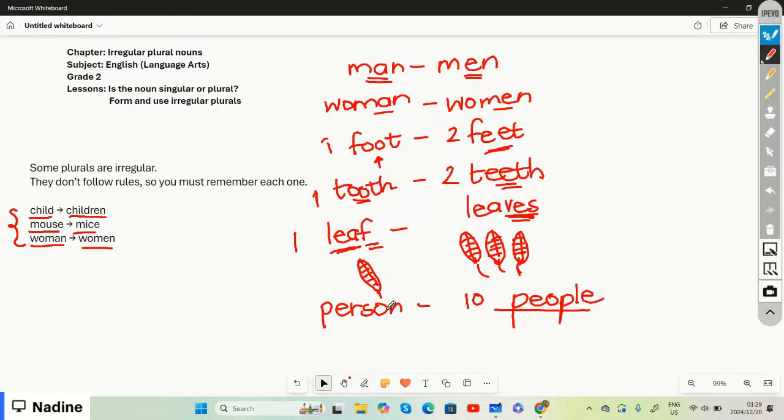If we look at the word goose, we have one goose, which is a bird-like figure. One goose. But now we go to the pond and we see that there's more than one goose. What is the plural form of the word goose?